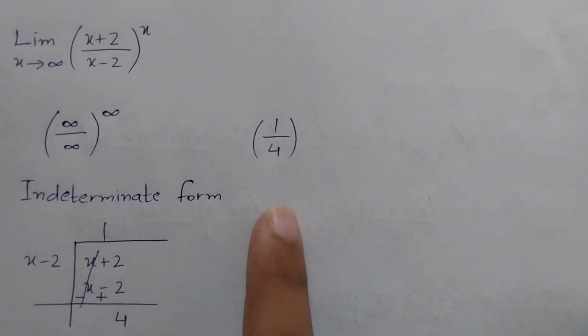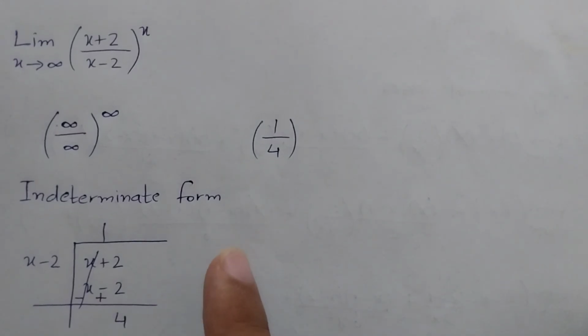For example, 1 over 4. We are dividing 1 by 4. 1 and 4 are two real numbers, and they can be divided. But infinity is not a number. So we can't divide infinity by infinity. We can't evaluate infinity by infinity. So this is undefined, and this is an indeterminate form.